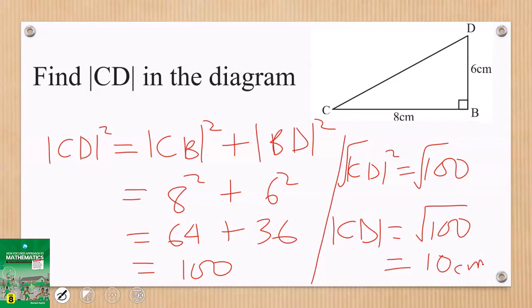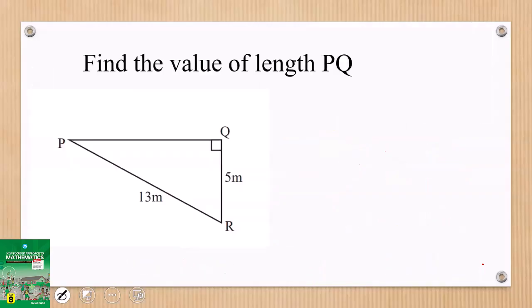Now let's take another example and see. This time around we have another right angle triangle with the length PR given as 13, that's the longest side. QR is 5, and then we want to find PQ. So we want to find the length PQ.